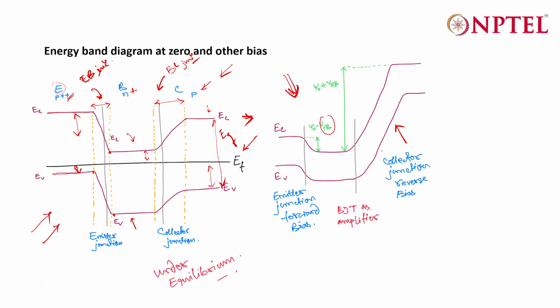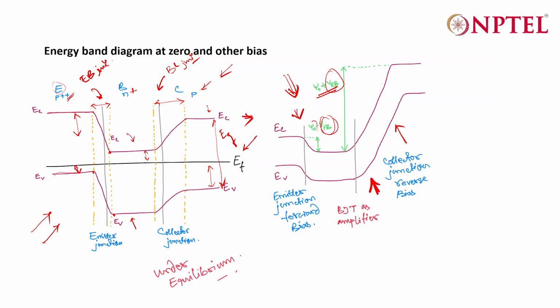So your base collector junction, as the junction is in reverse bias, the built-in potential will be psi 0 plus the reverse bias voltage, and in case of the emitter junction, as this junction is in forward bias, the built-in potential will be the built-in potential in equilibrium minus the forward bias voltage. So this is the energy band diagram of a BJT under the biasing condition where BJT acts as an amplifier.